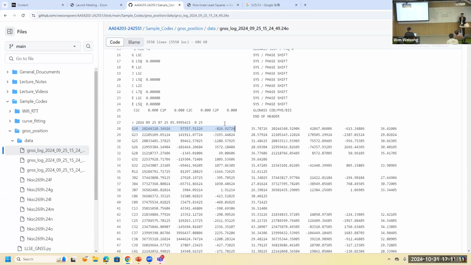Do you still remember the direction vector? This vector is from the receiver to the satellite. A direction vector means the norm is equivalent to 1.